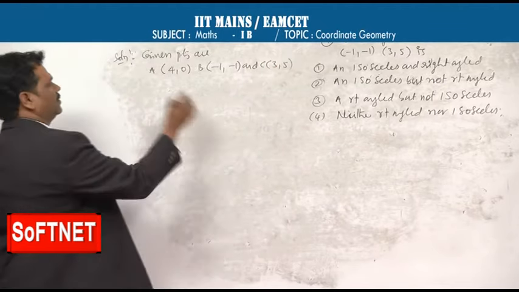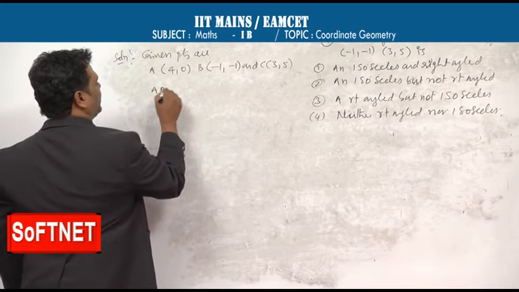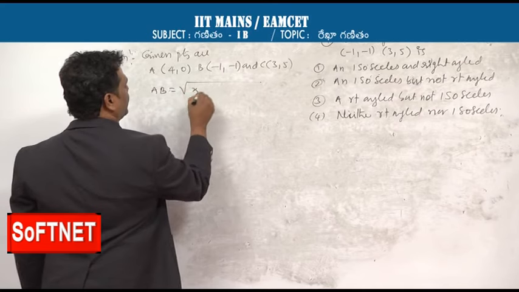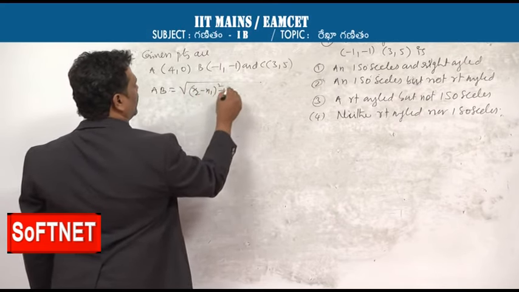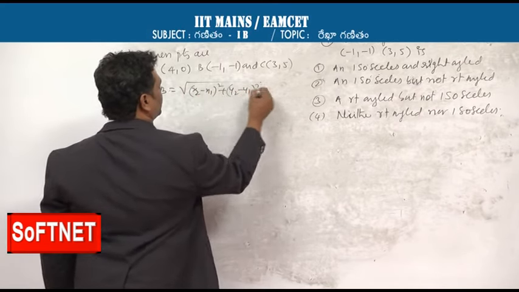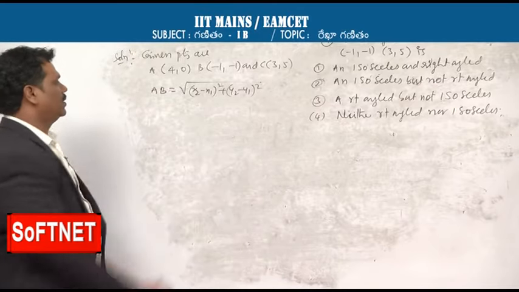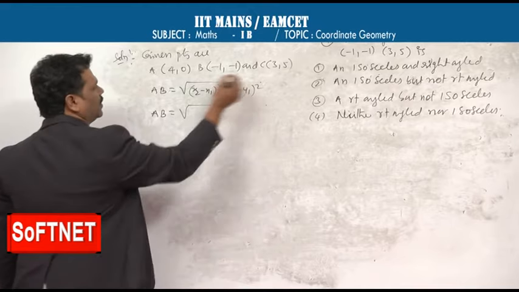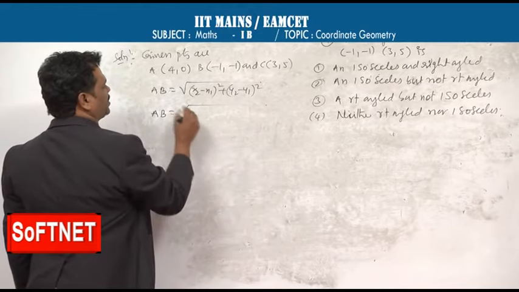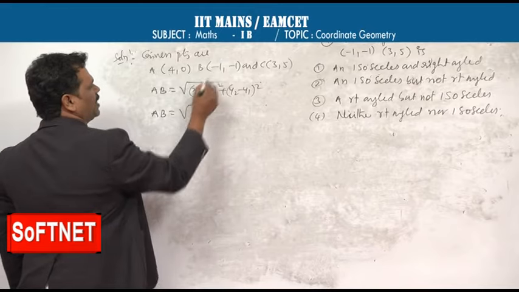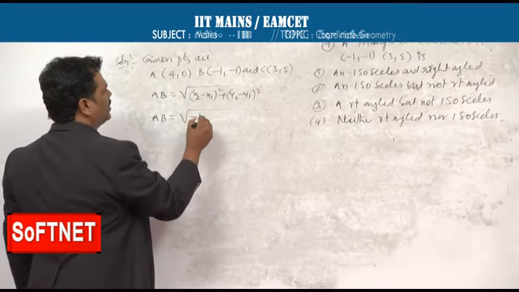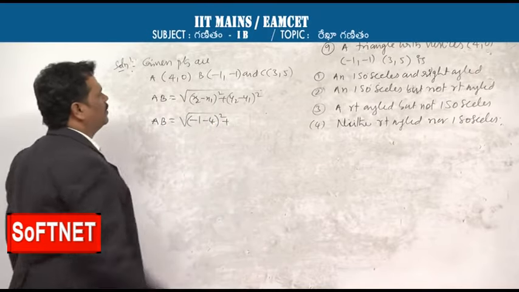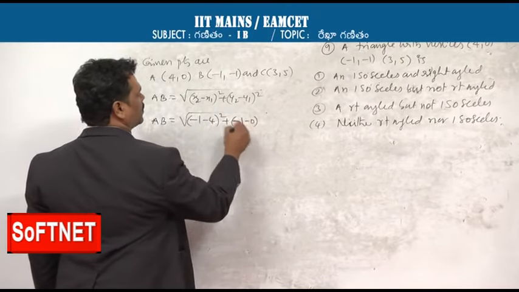So here we have to find the AB distance. What is the AB distance? Square root of x2 minus x1 whole square plus y2 minus y1 whole square, the distance between 2 points. Here AB equal to under root of minus 1 minus 4 whole square plus minus 1 minus 0 whole square.